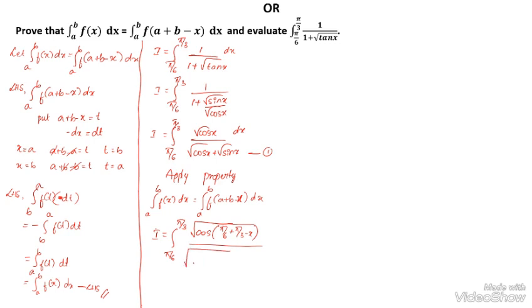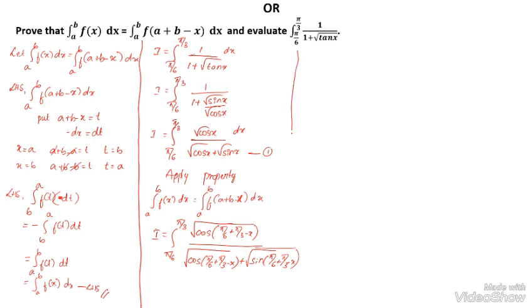I can apply here: cos of (pi by 6 plus pi by 3 minus x) plus root of sine (pi by 6 plus pi by 3 minus x).